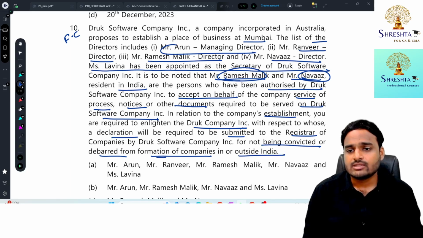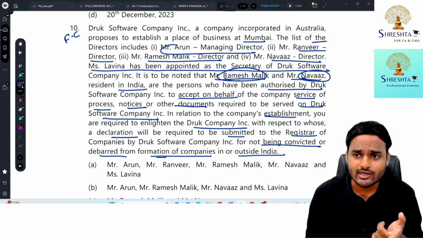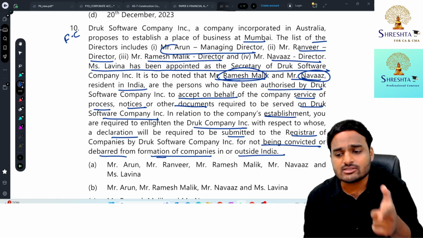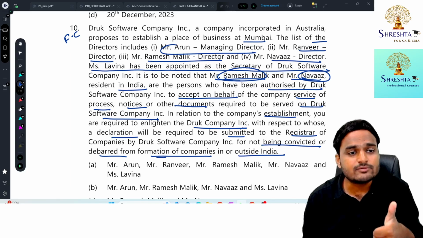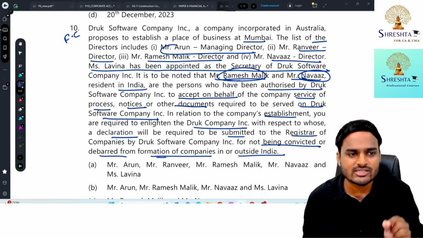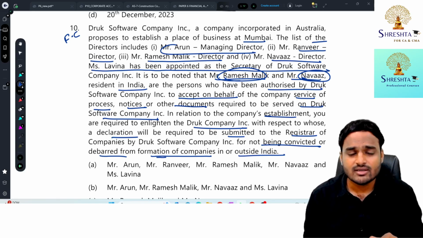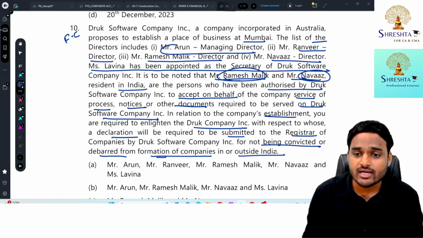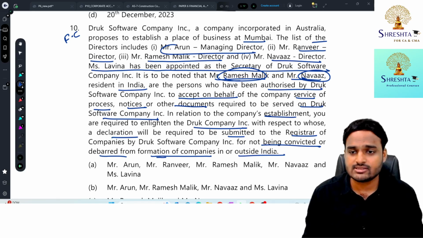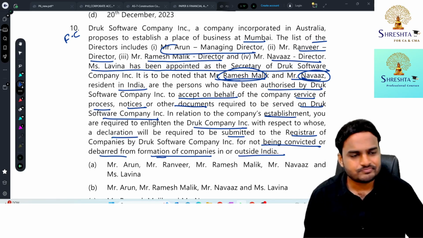So the general rule is whenever a company incorporated outside India wants to establish a place of business in India, then the directors and authorized person in India have to furnish a declaration. The declaration is like this: none of the directors of the company, authorized signatory in India, has ever been convicted or debarred from formation of companies and management in India or abroad.